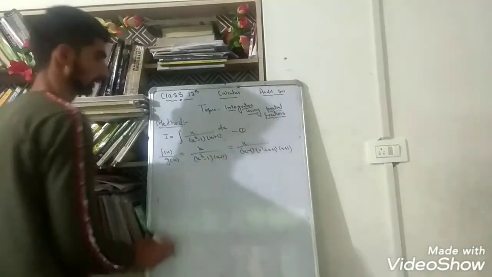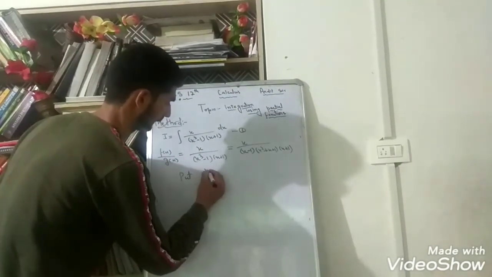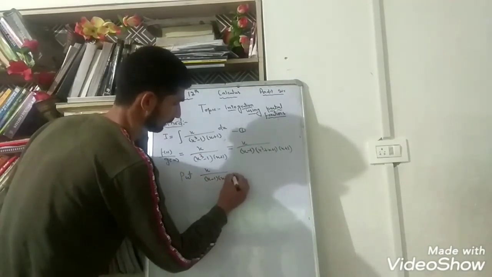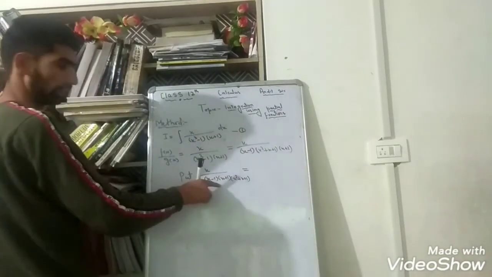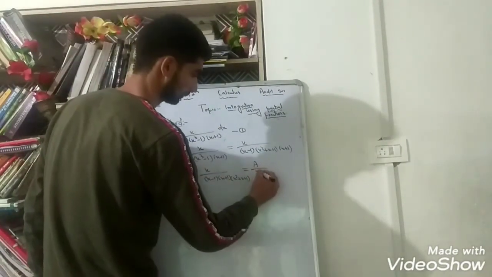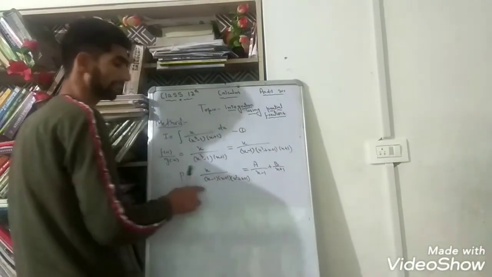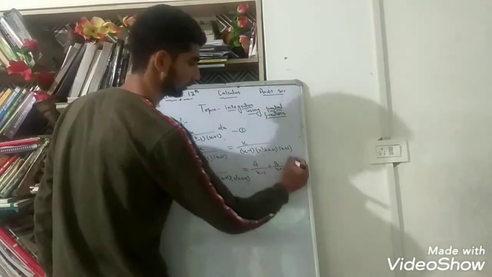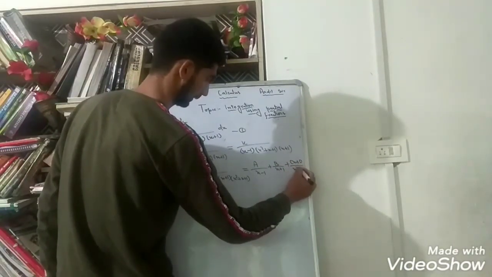So we will now put x divided by x minus 1, x plus 1, x square plus x plus 1 is equal to, we know that we can write it as a divided by x minus 1 plus b divided by x plus 1. These are linears, we can write their fractions like this, and then this is quadratic, we know that that is equal to cx plus d divided by x square plus x plus 1.